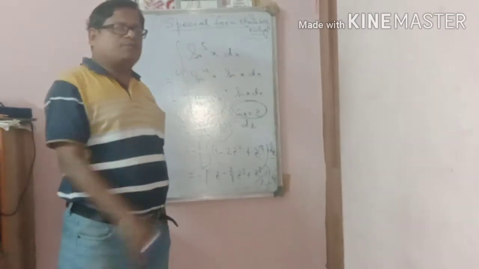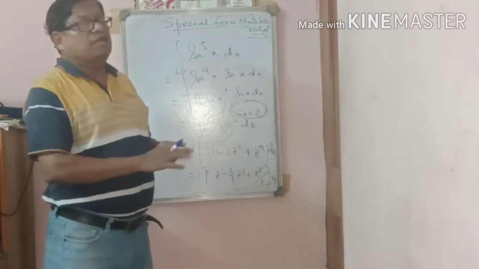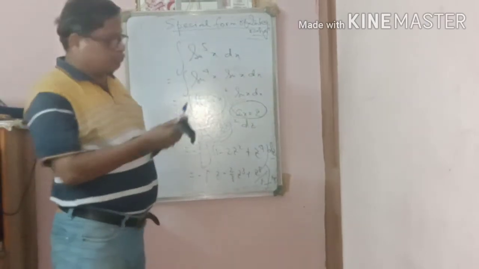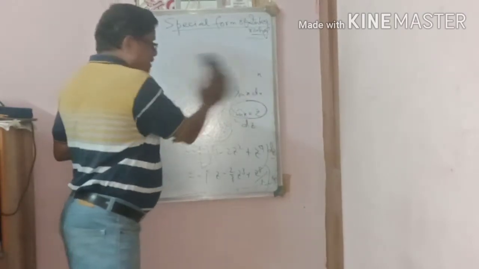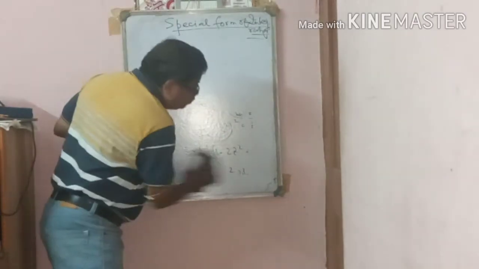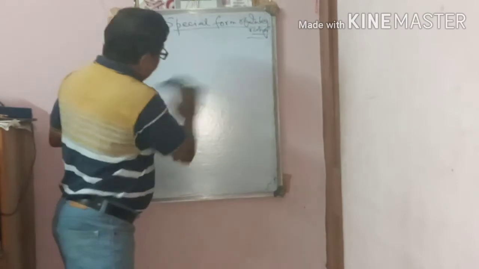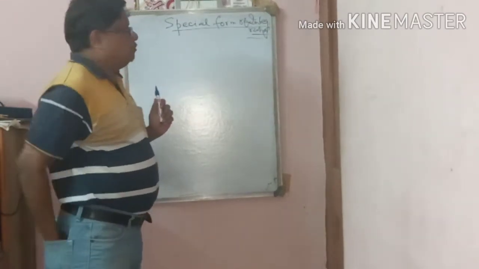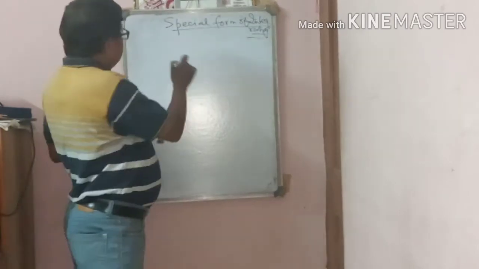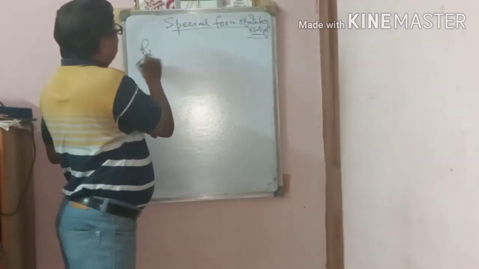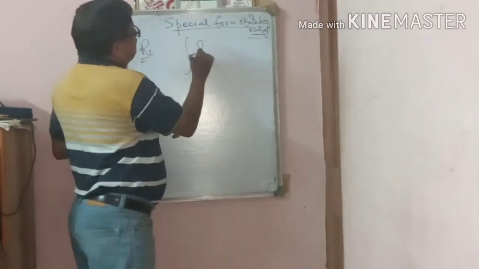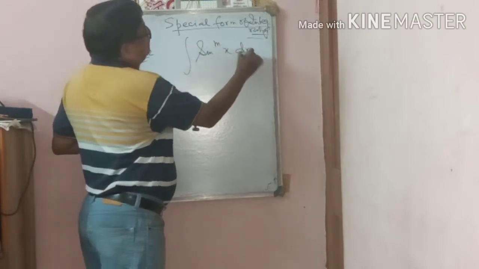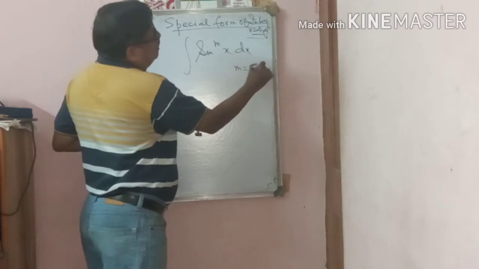Suppose m is an even number, then what to do? Rule 2: integration of sin to the power m x dx, m is an even number.